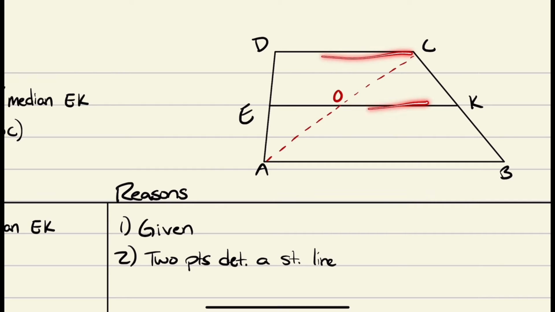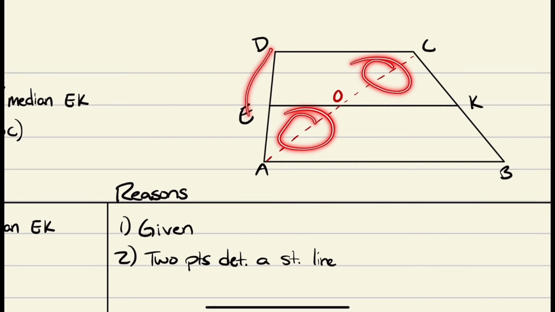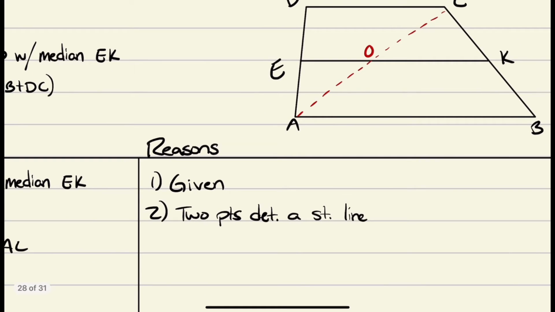We've also stated somewhere, I believe, that the median of a trapezoid bisects the 2 diagonals, and it's because of that same idea. Because of the 3 or more parallel lines cutting off equal segments somewhere else on a different transversal, any other transversal will be cut off into equal segments by those 3 lines. Well, obviously where they intersect those 3 parallel lines. All right, so number 3, I can say really any of those reasons because those are geometric principles that we've covered.